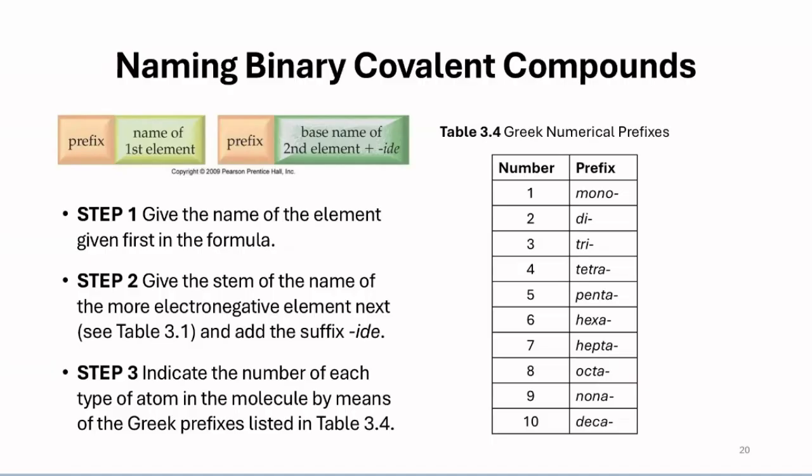You can see them summarized in table 3.4. The prefixes that you need to be familiar with are from number 1 all the way to number 10. Let's do some practice problems so we can see how we go from chemical formula to name for covalent compounds.